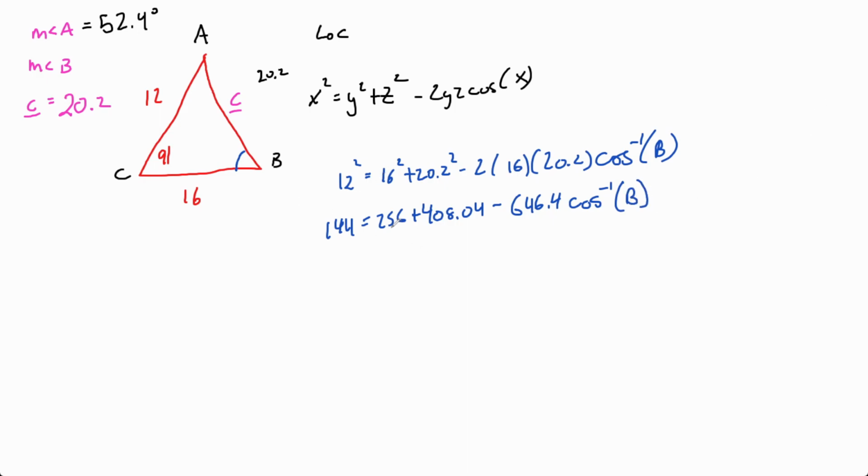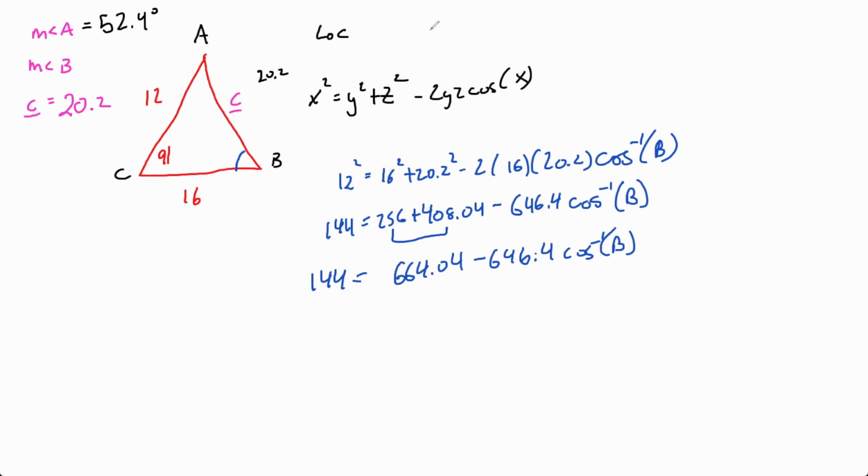And this time I'm going to be careful and I'm going to add these together first. 256 plus 408.04 is 664.04 minus 646.4 cosine B.